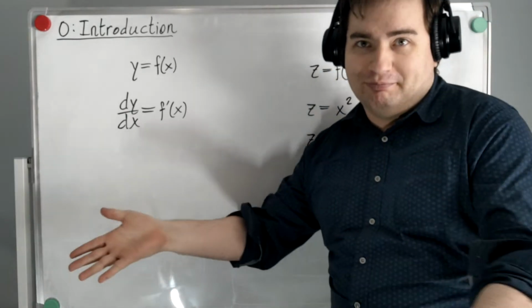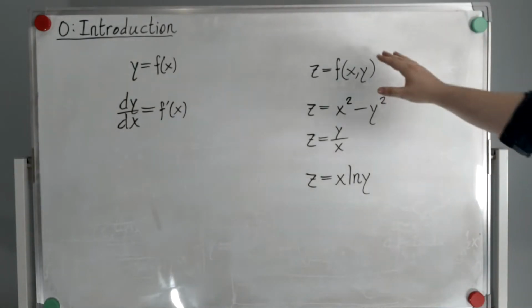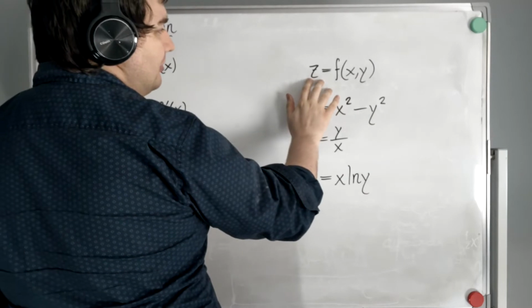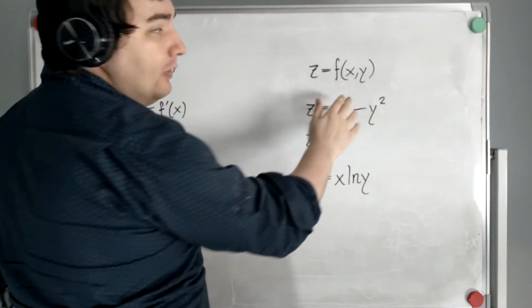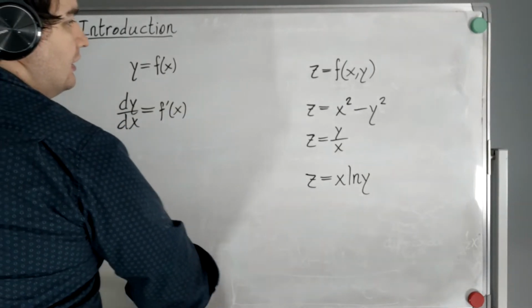Or at least that's part of the information that it gives us. Okay? Similarly here, you'd like to know how the dependent variable z depends on both x and y.